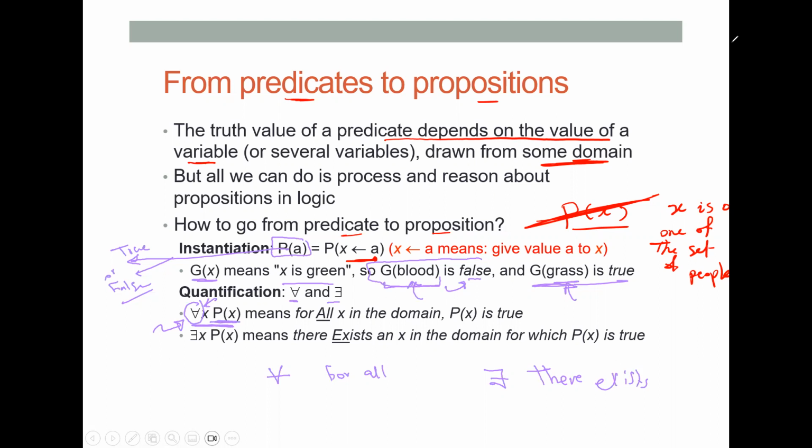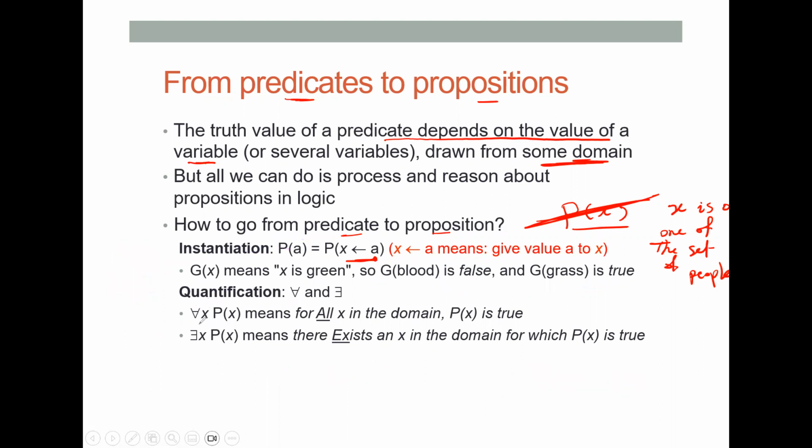And of course, I mean for all values of X inside a certain domain. If the domain is not shown in the modeling, it means that you have only one domain, so you don't have to write it.